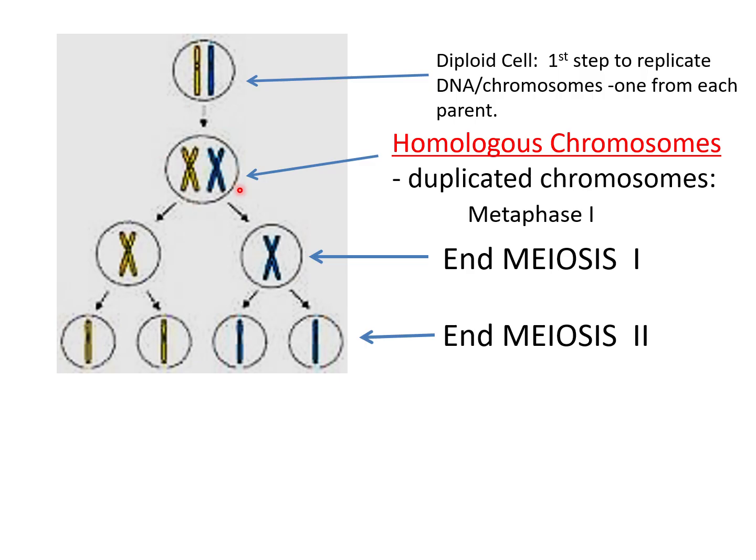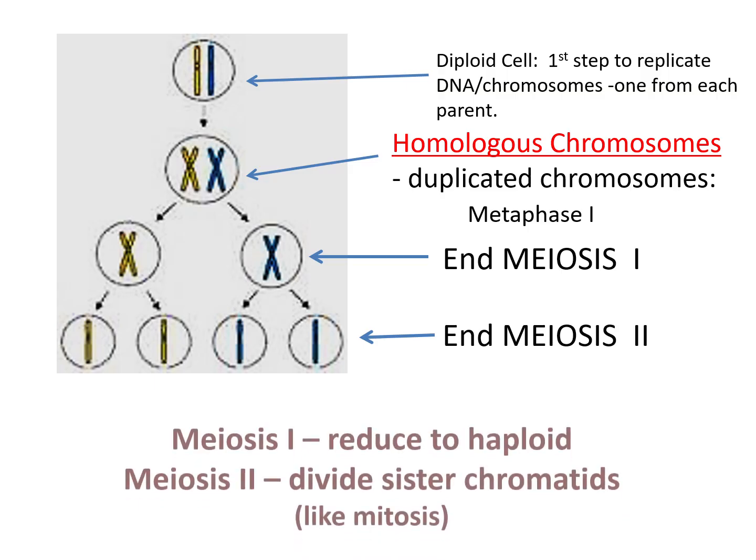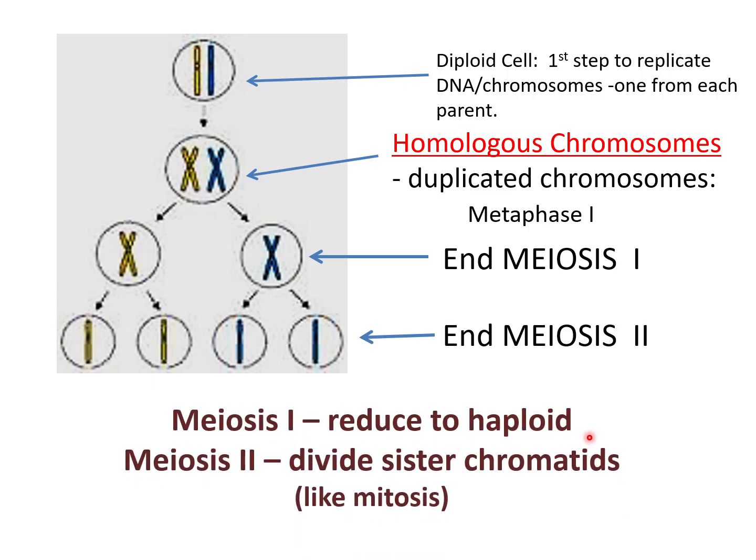So the first division is reductional, so you now have half the overall genetic sequence in each of these cells. And then we split those sister chromatids during the second division. So we're reducing to haploid in the first division, and then we're dividing the sister chromatids in the second division.